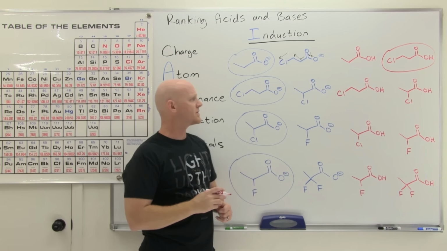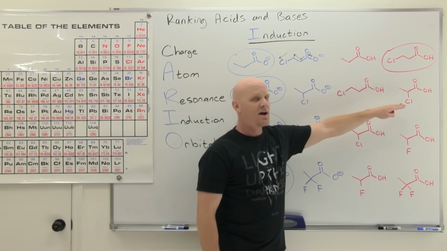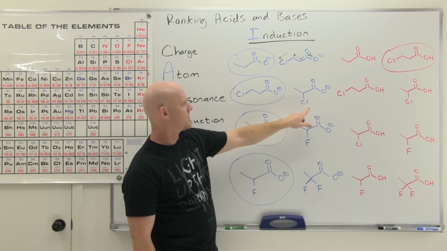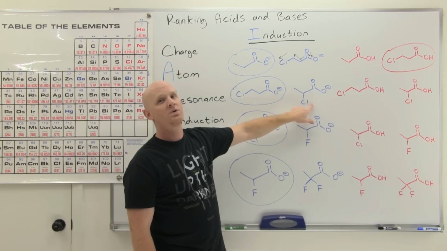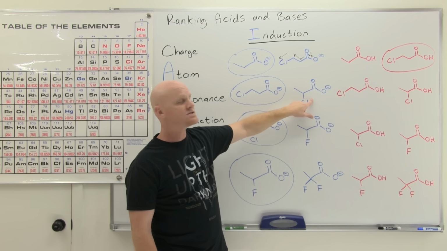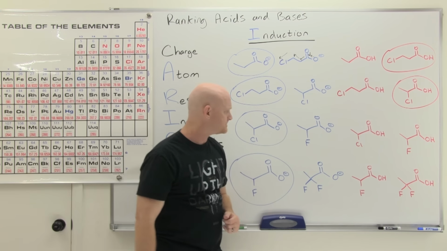So now we're circling the stronger conjugate acid. Same thing in the next example. We already figured out, in comparing these 2 acids, the relative basicities of the conjugate bases. So this had the chlorine closer, which had a more stabilizing influence by induction, and the more stable base is the weaker base, and the weaker base comes from the stronger conjugate acid.